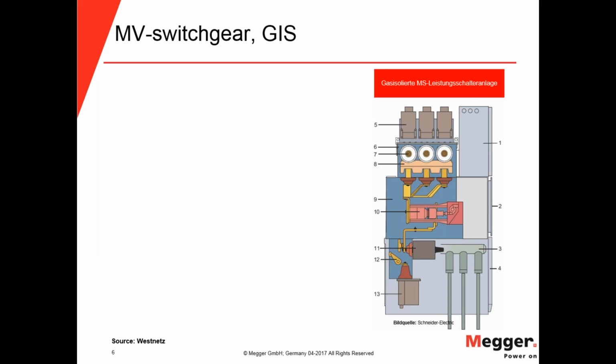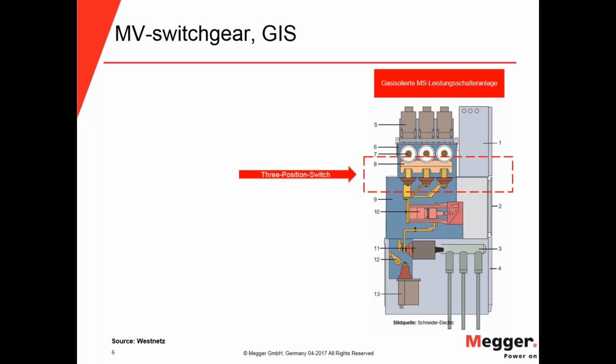And this blue compartment here, that is the compartment that is filled with SF6 gas. So this is a sealed compartment, so you cannot access that. And here you have your control cubicle on this side. So you see the compartment from the side.